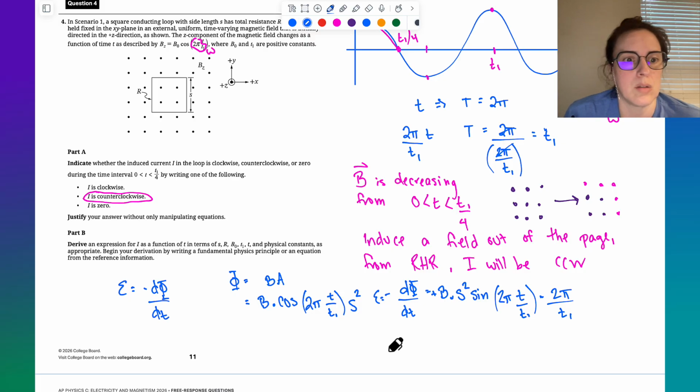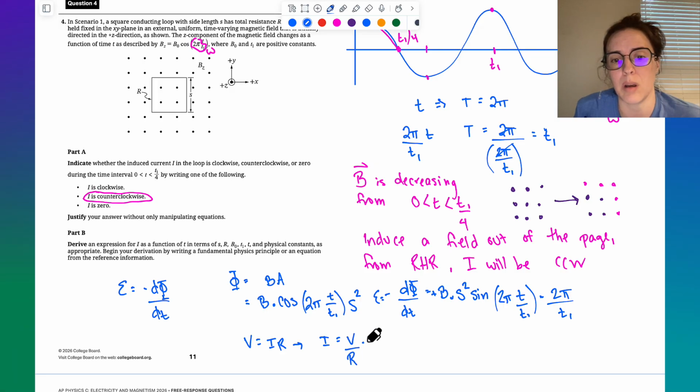All right, so that's my induced EMF. Now we want current. So now that we have the induced EMF, we're going to use Ohm's law to get the current. So good old V equals IR. So my current is going to be that induced voltage, or my induced EMF, divided by R. Actually, I'm going to pull all these constants up front.